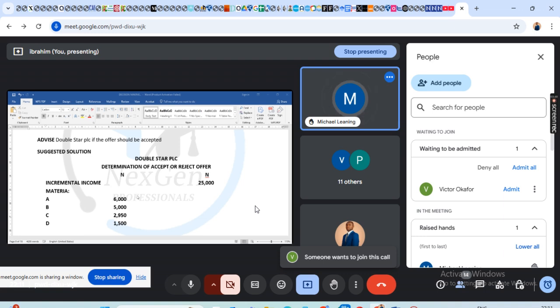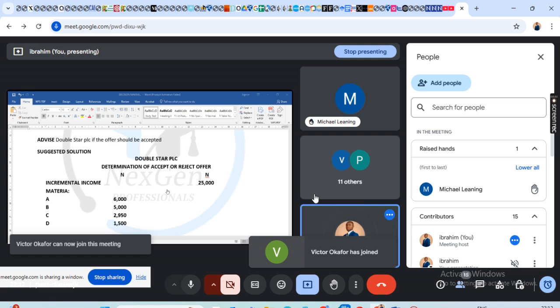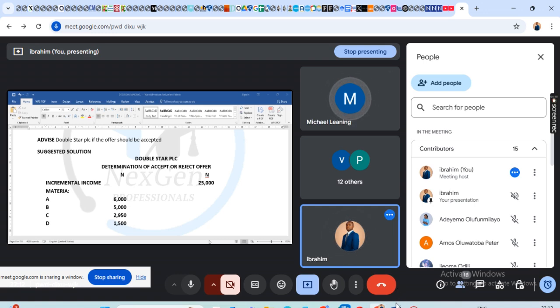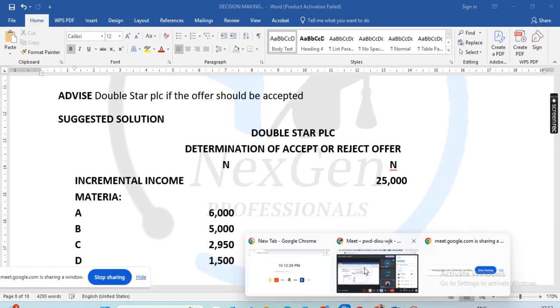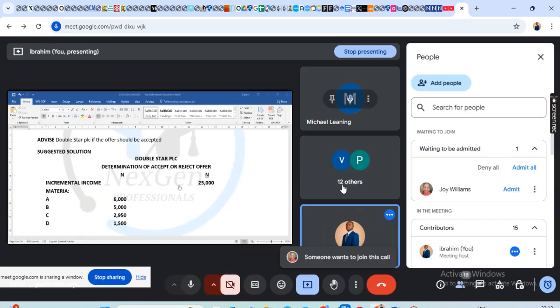Can you please explain sunk cost? Were you with us at the beginning of this class for relevant costs? No, sir. Okay. So go and watch introduction to relevant costs. You will understand. However, a sunk cost is a past cost, a cost that you incurred in the previous period. Let's say the cost you incurred for the month of January is a sunk cost. So do you get that? Yes, sir. Thank you.